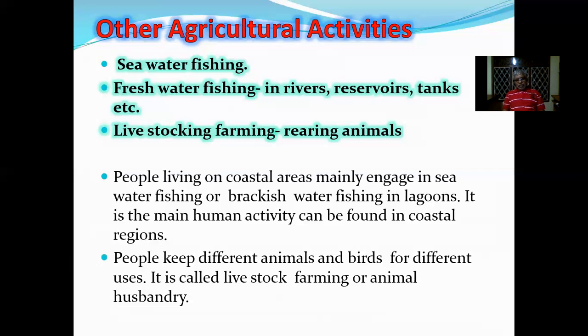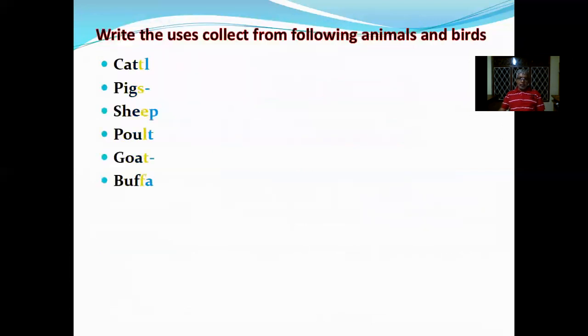Then you focus attention on the next point. People keep different animals and birds for different uses. Now you know the term used to introduce it. It is called livestock farming or animal husbandry. Then we find that we keep different types of animals and birds.